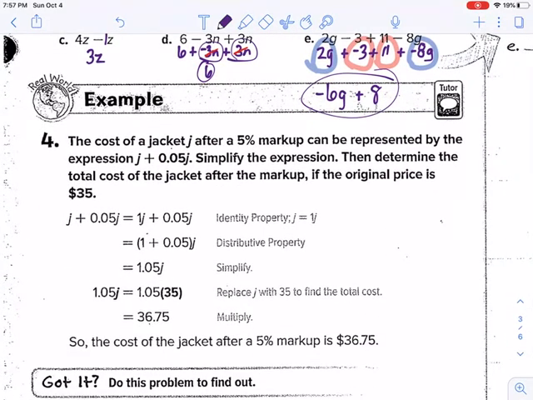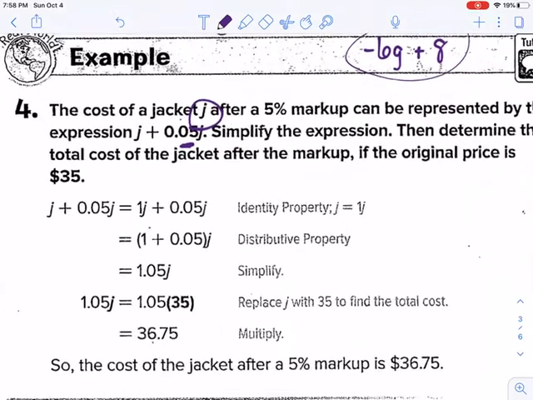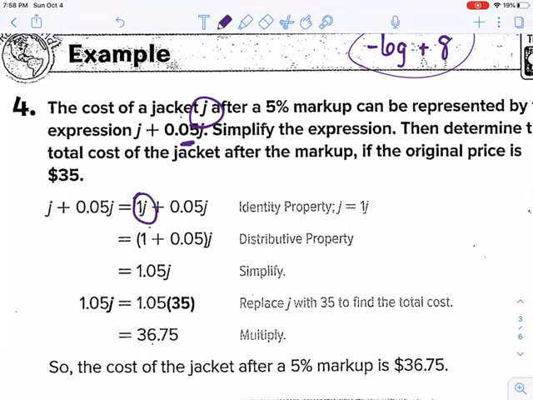Okay, and then word problems. In this example here, the cost of a jacket, they're using J for jacket, after a 5% markup can be represented by the expression J plus 0.05J. The 0.05 is your 5%. Simplify the expression. Okay, so simplify, you notice you have 2 J's in there. One is by itself, but again, remember you can always put a 1 in front of it, and then you can add that to the 0.05J.